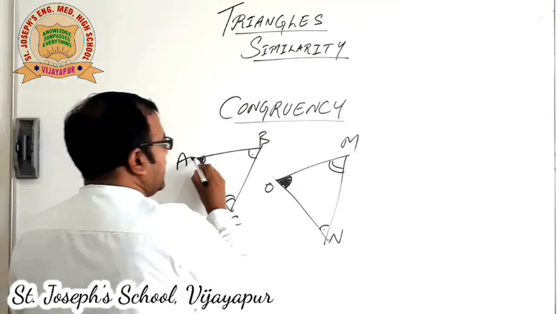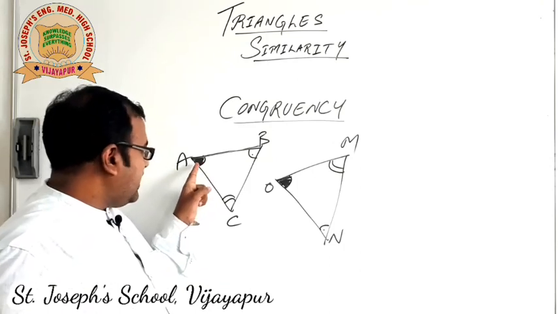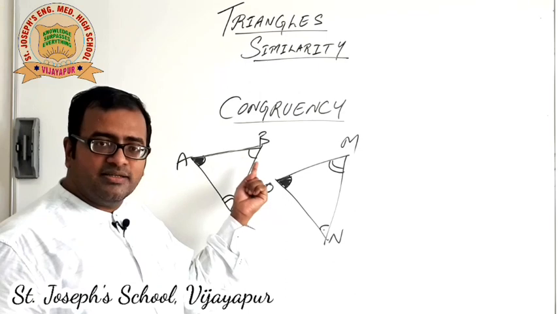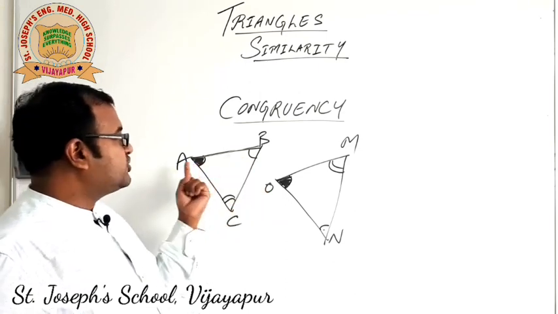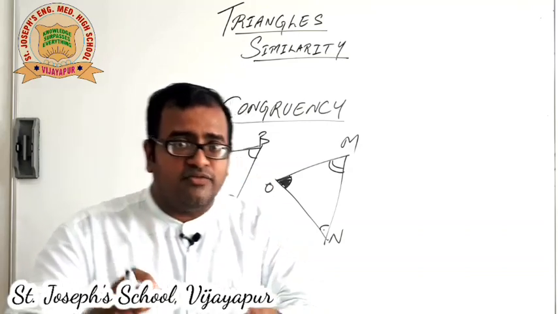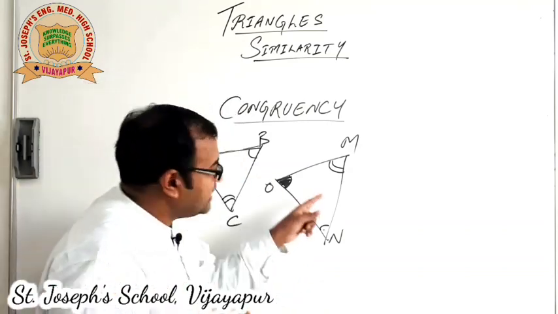See, if I talk about AB, AB is a side which connects the shaded angle and the single line angle. This angle which I have drawn with a single line and the shaded angle, these two are connected by AB. So let us find a side which connects that single lined angle and the shaded angle in the other one.